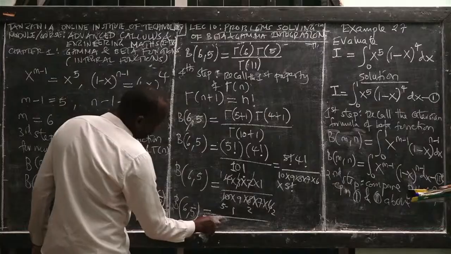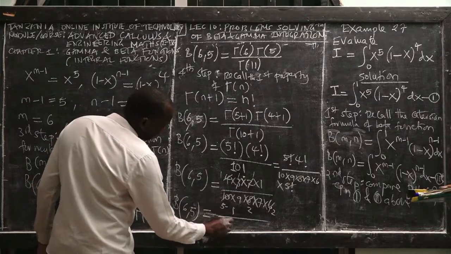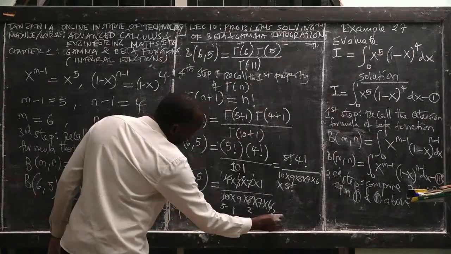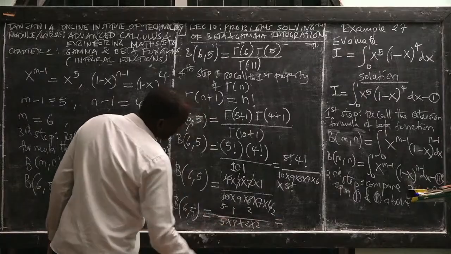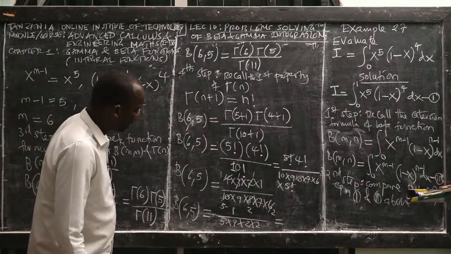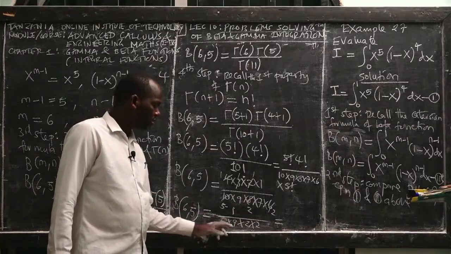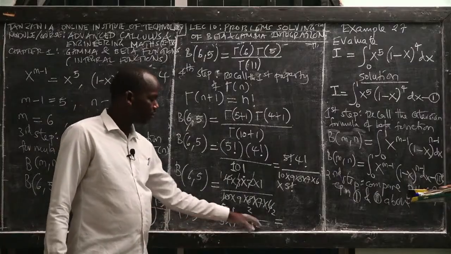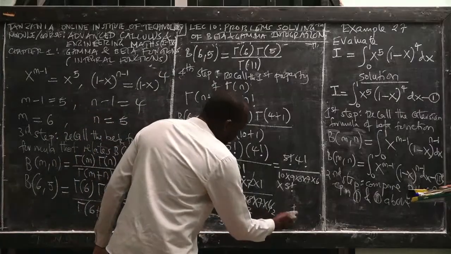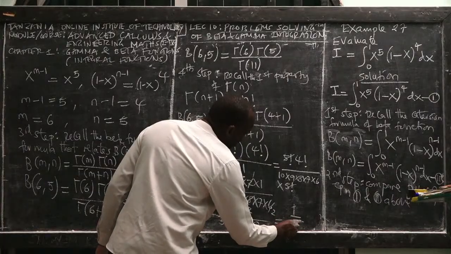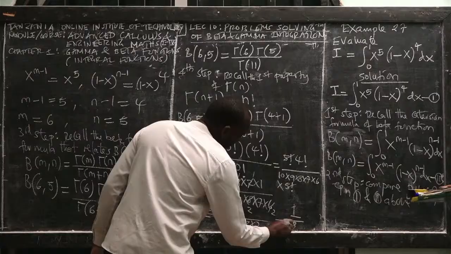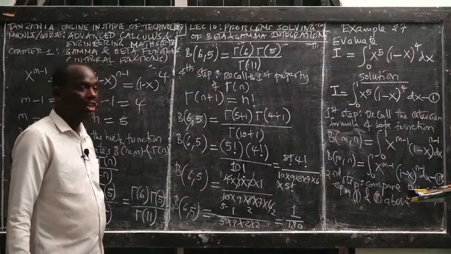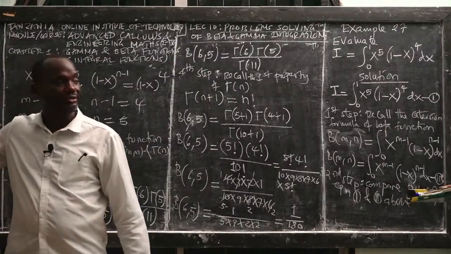In the denominator we have 5 times 9 times 2 times 2. 5 times 9 is 45. 45 times 2 is 90. 90 times 2 is 180. So the answer is 1 over 180.